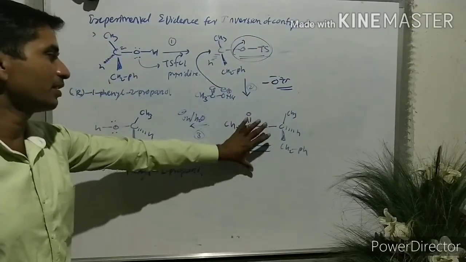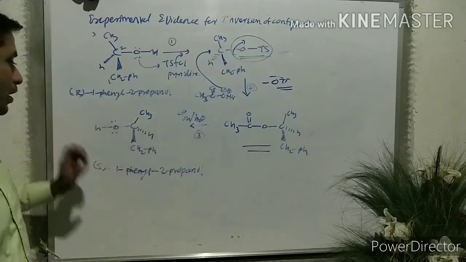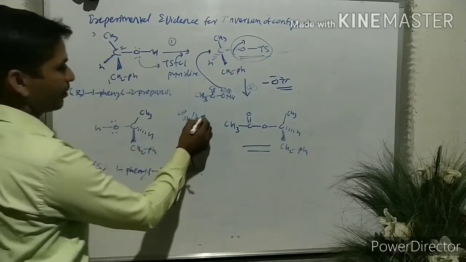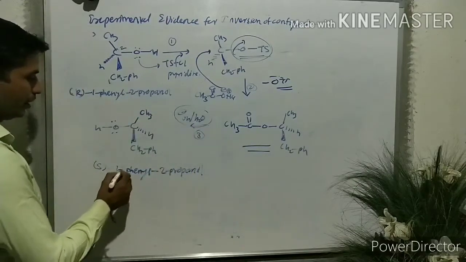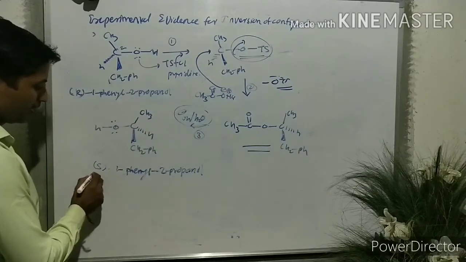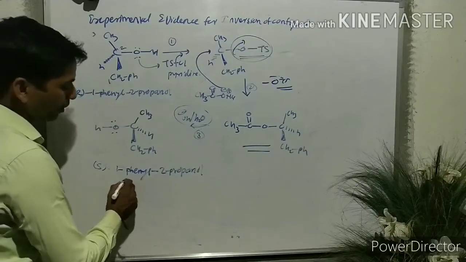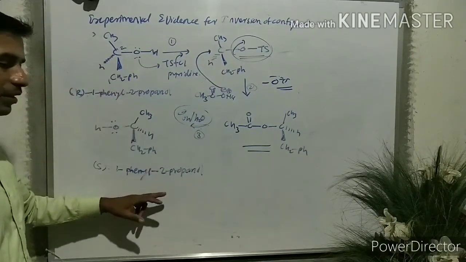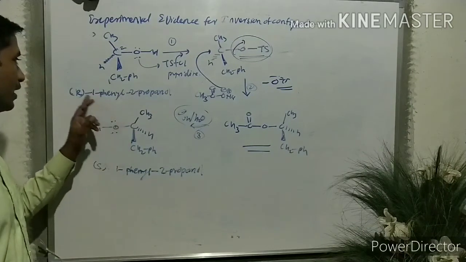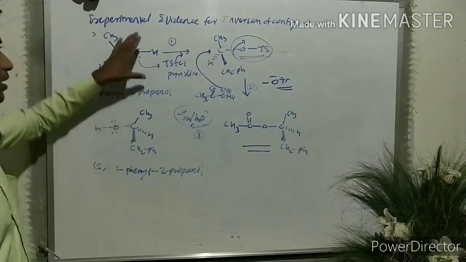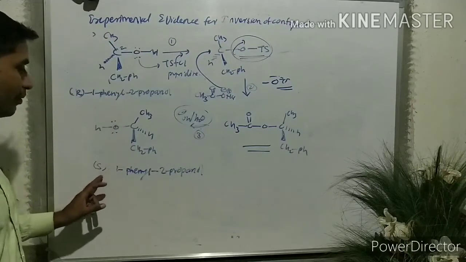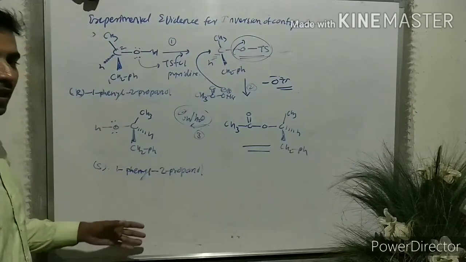In the third stage, this acetate ion is converted into the enantiomer of the starting material alcohol by simple hydrolysis. So at the end we get S 1-phenyl-2-propanol. If we compare the starting material and the end product, we observe that there is a change in configuration. The starting material has an R configuration, and at the end it is the S configuration.